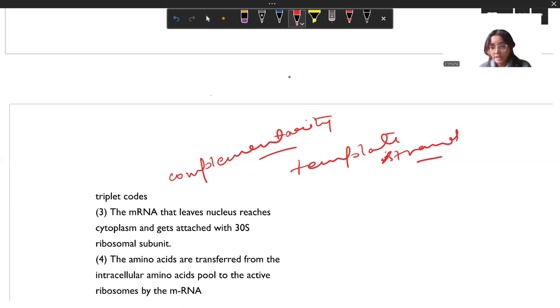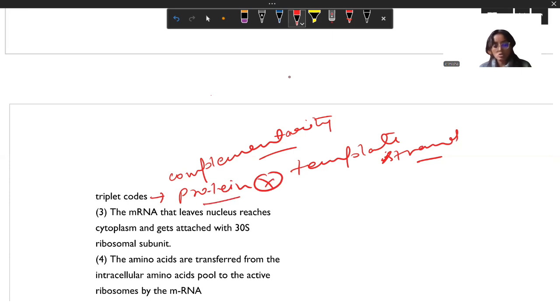The nucleotides of the mRNA are complementary to the template strand of the parent DNA. That is correct. But mRNA is not formed based on triplet codes. Based on triplet codes, protein is formed. So this is wrong.